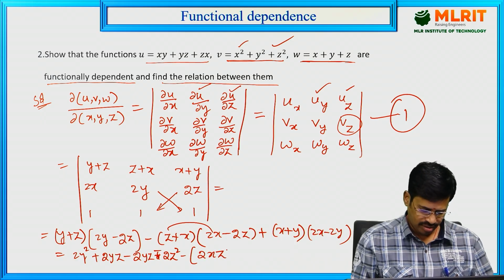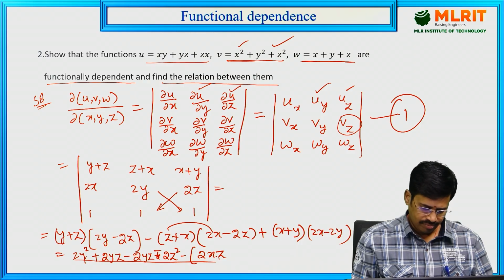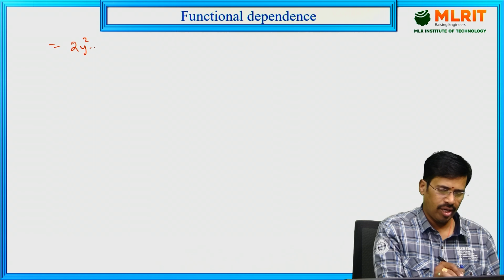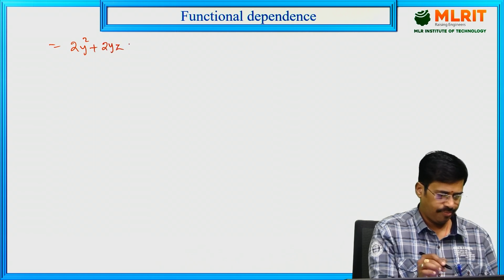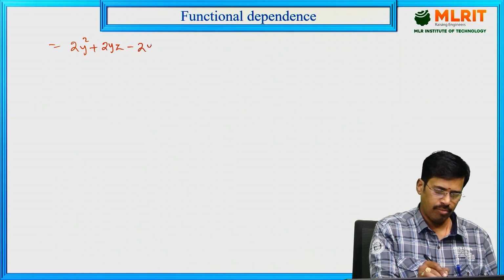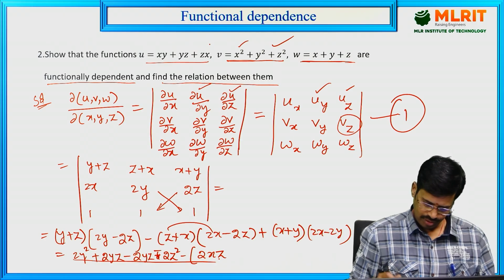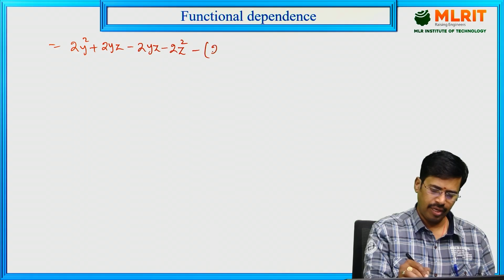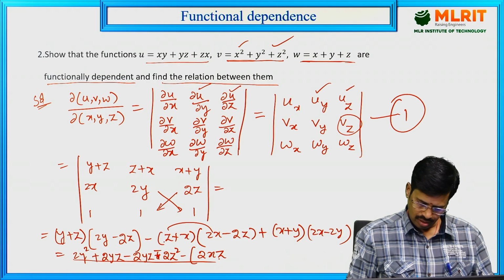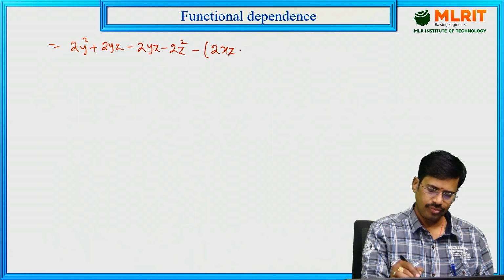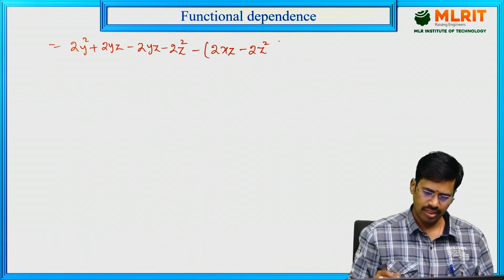So let us write in the next page. 2y square plus 2yz minus 2yz minus 2z square, minus z into 2x, 2xz, minus 2xz, minus z into z, 2z square, minus 2z square.